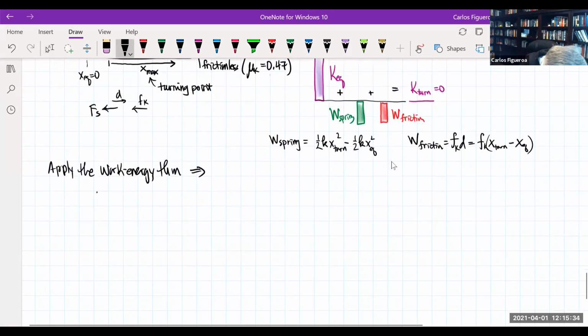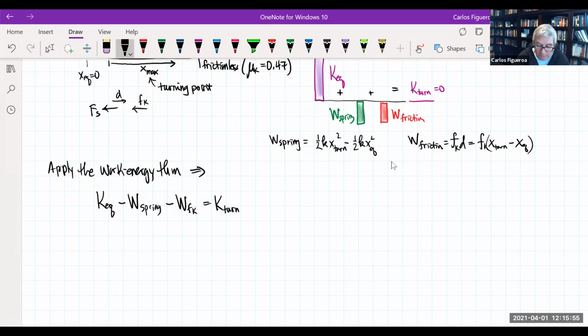Well, it says I've got my kinetic energy at the equilibrium. Now I have the work of the spring being negative, and the work of friction being negative. And what's that going to do? That's going to change my kinetic energy at the turning point. As before, this guy is 0 here.